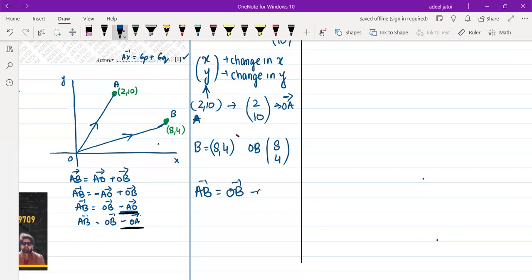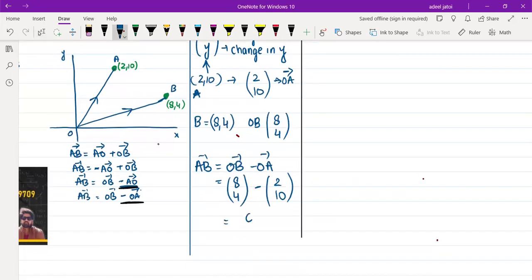OB minus OA, which means 8 and 4 minus 2 and 10, which is going to be 8 minus 2 is 6 and 4 minus 10 will be minus 6.